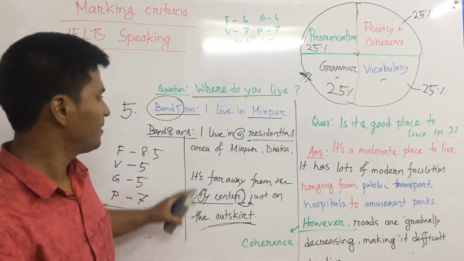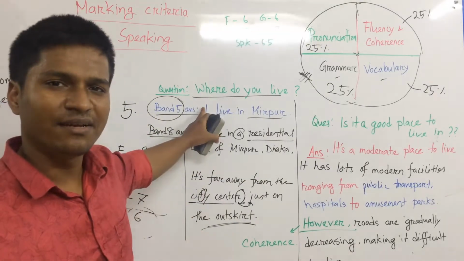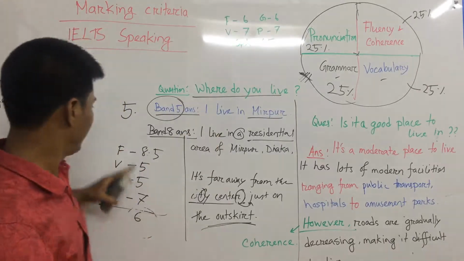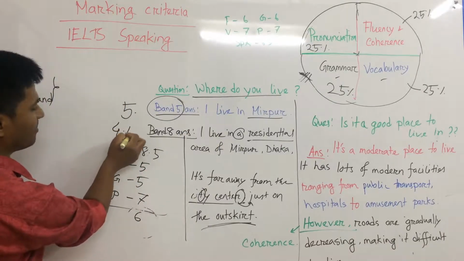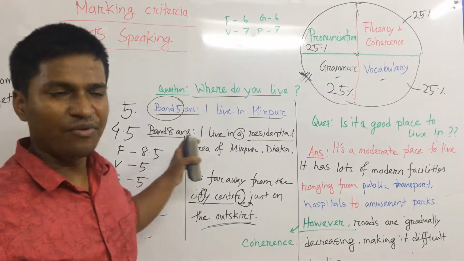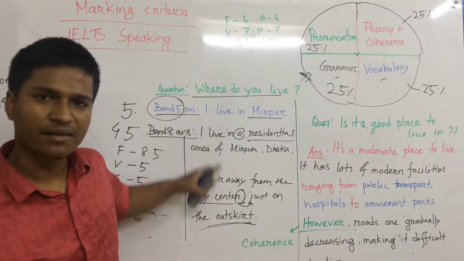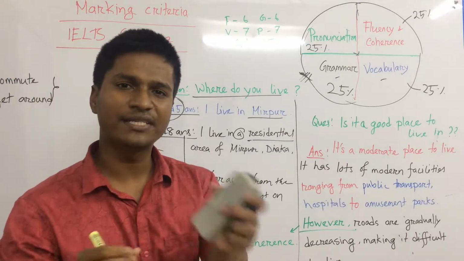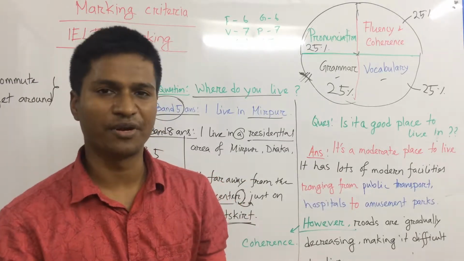So you can see it's a simple question, but if you provide a simple answer, you will get a simple mark, 4 or maybe 4.5. You need to provide a detailed answer with proper pronunciation, proper fluency and some good grammar and vocabulary.